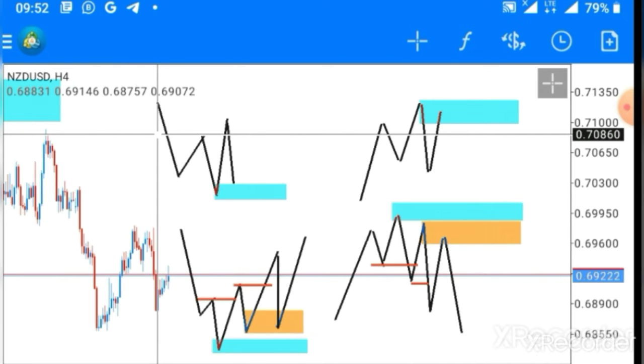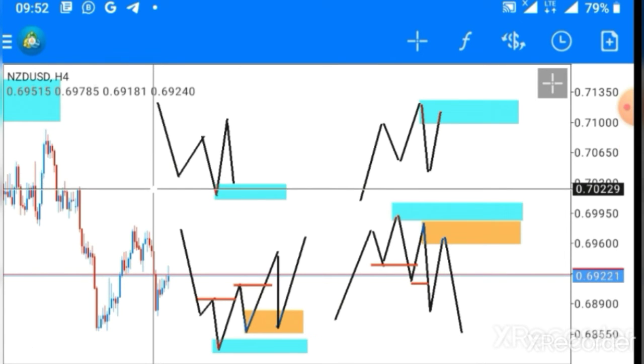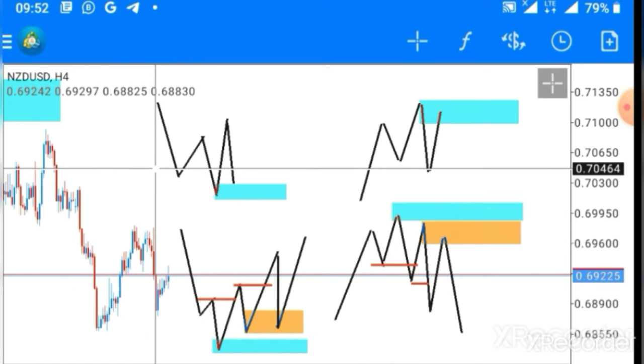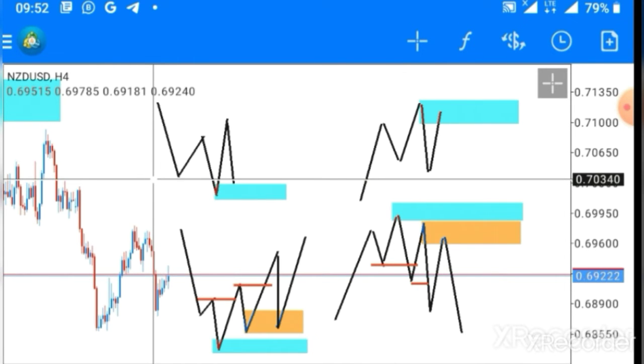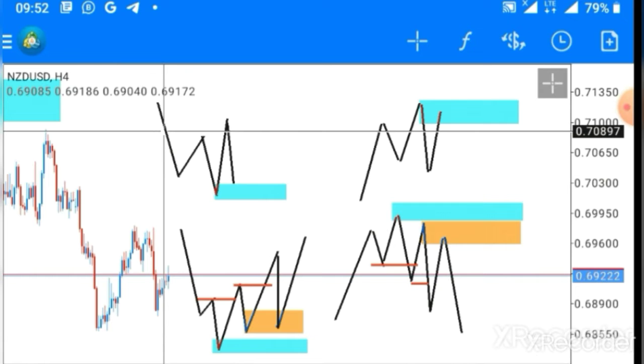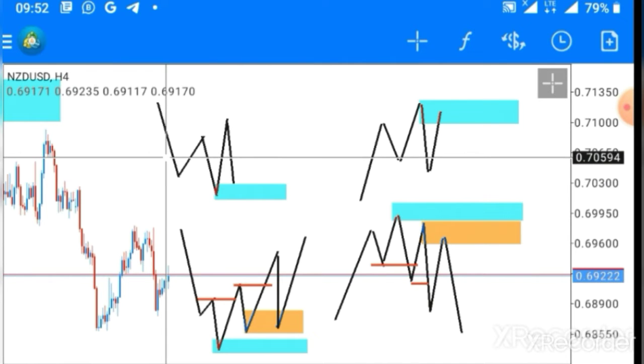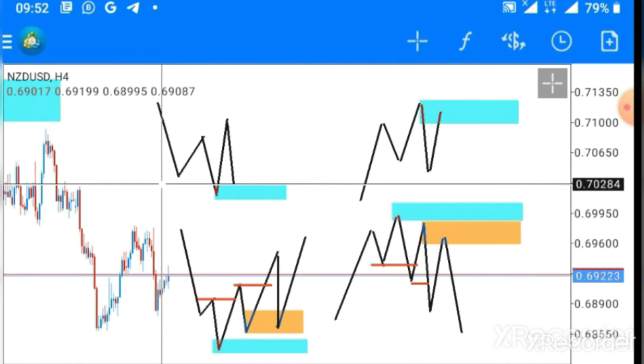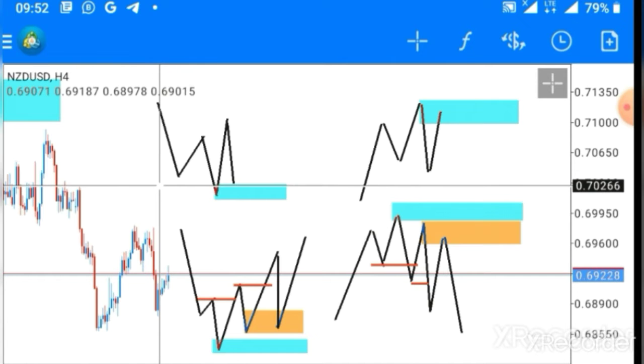So when price broke structure, even the first time, there will be an OB sitting around here. Depending on your risk appetite, you can decide to take the trade from the OB sitting here. But let me make it clear that this OB is not actually a high probability OB.